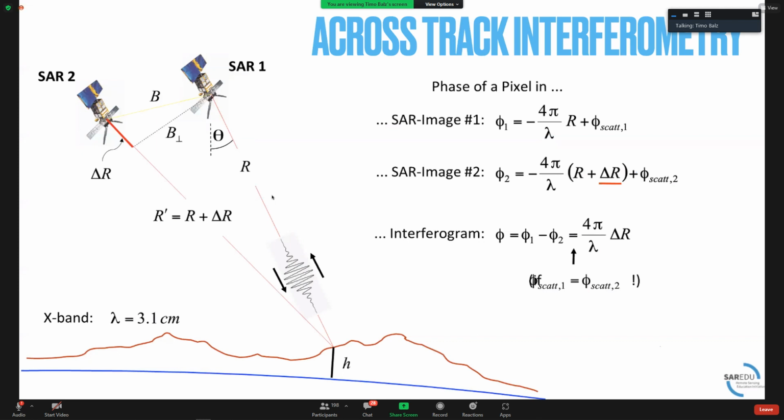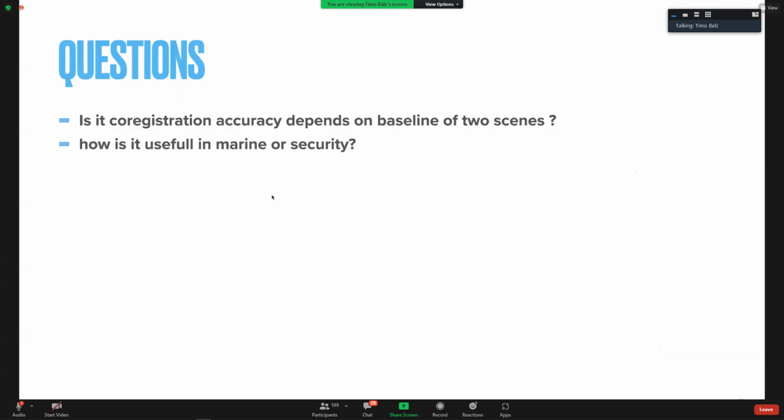So the pixel size of the DEM that you achieve is going to be a function of the resolution of your images. However, the precision that you can measure for each pixel is a function of the wavelengths. I hope it made sense.